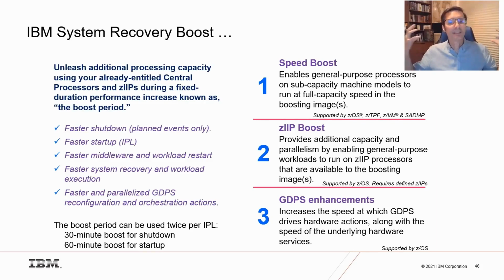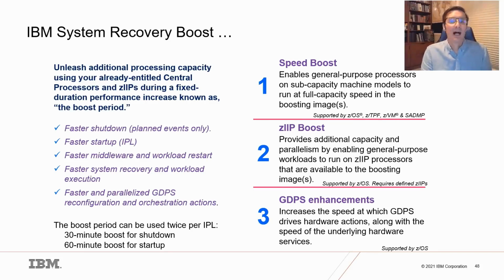Additional zips that may be on your system that you have defined as reserved zips can be brought online to your particular LPAR during the boosting period, and general purpose processor work that normally would only run on a general purpose processor can be dispatched onto a zip during the boosting period.